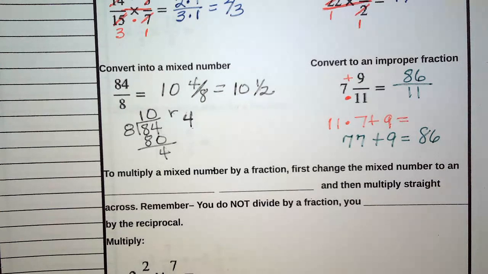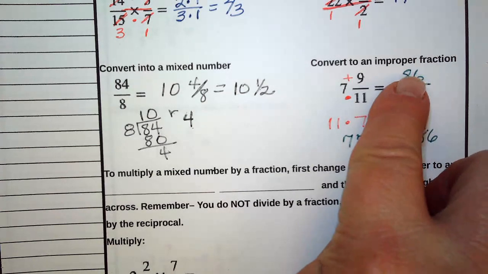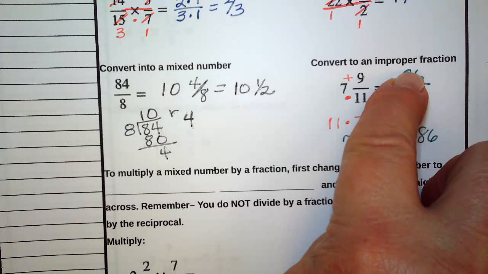So there's a certain technique you have to do to be able to multiply a mixed number by a fraction. First, you have to change the mixed number into a what? What did we do up here? Improper fraction.